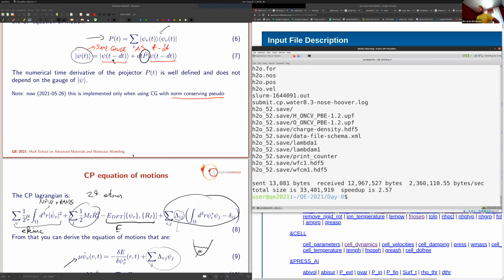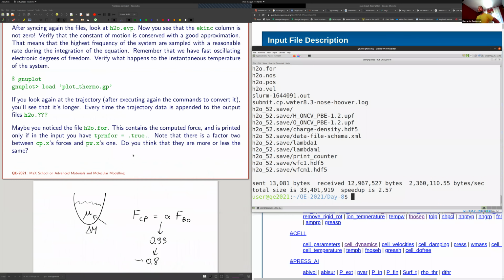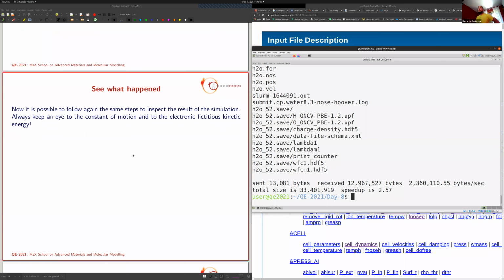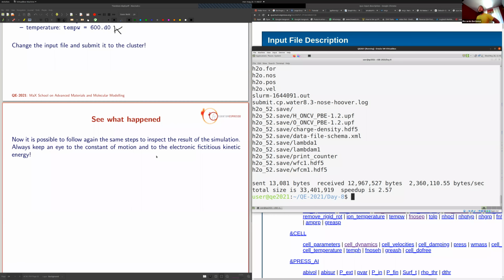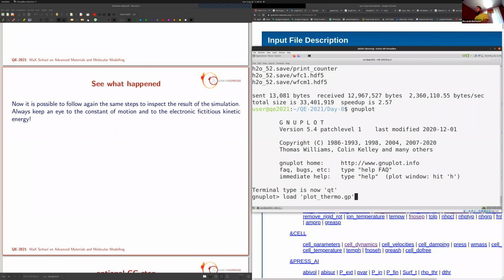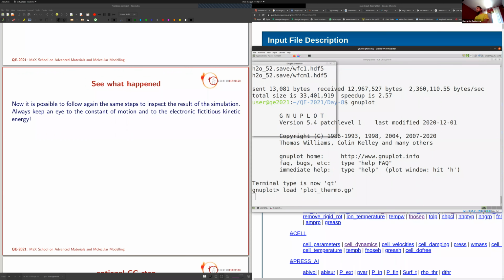So now we do the same step as before to see what happened. So our friend gnuplot. Let's plot the same stuff.